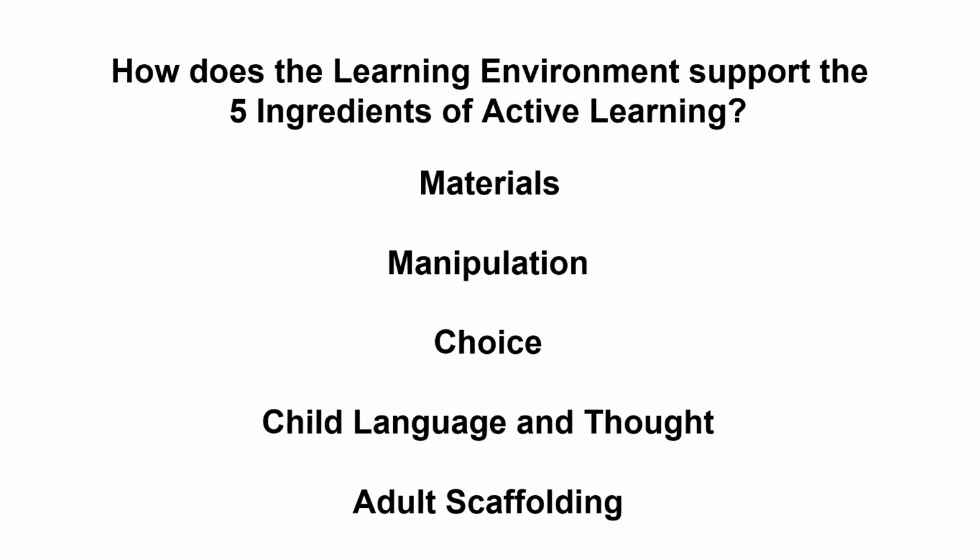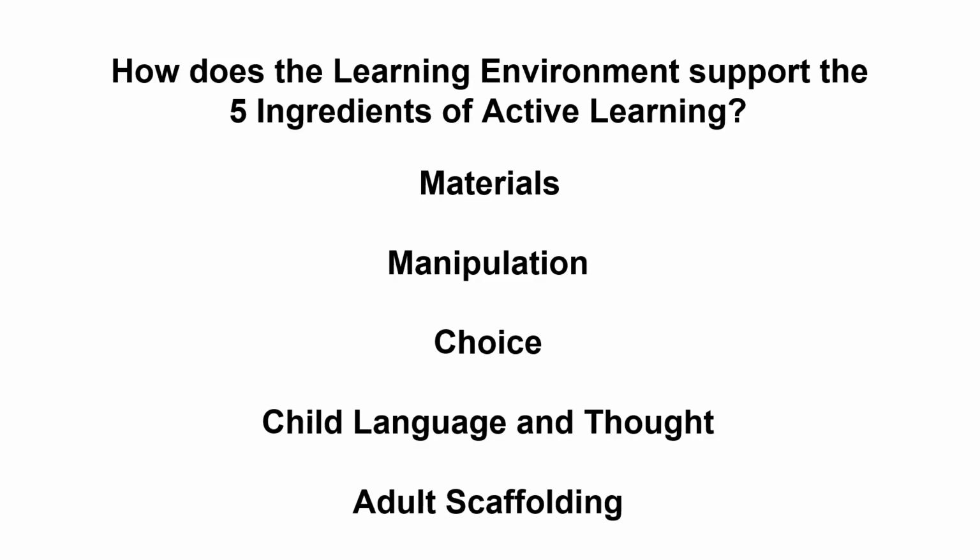For adult scaffolding, adults are scaffolding children's learning by modifying the learning environment along the way to meet the changing developmental needs of their students. Adults remove and add materials as the year progresses. Scaffolding also includes the labeling and organization of materials.